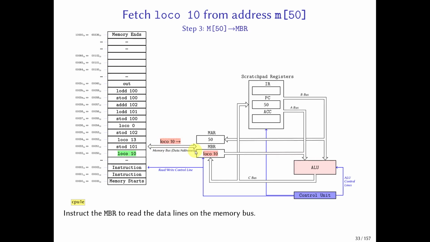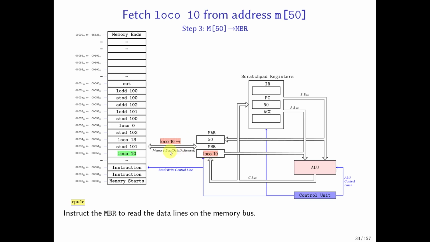So step 3 is to copy the contents of cell 50 from the memory bus and bring it into the MBR. Now remember that the function of the memory buffer register is to act as a temporary holding area as data goes from the CPU to main memory, or from main memory to the CPU.